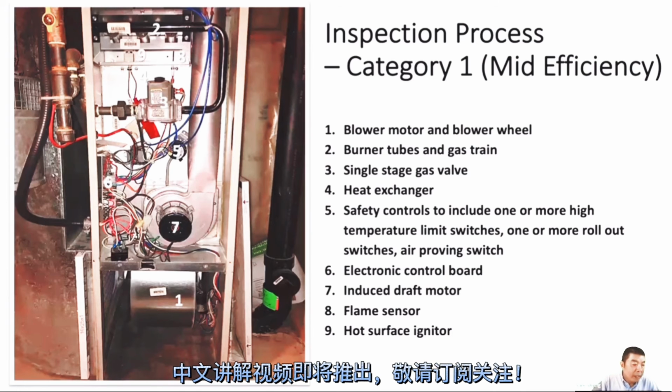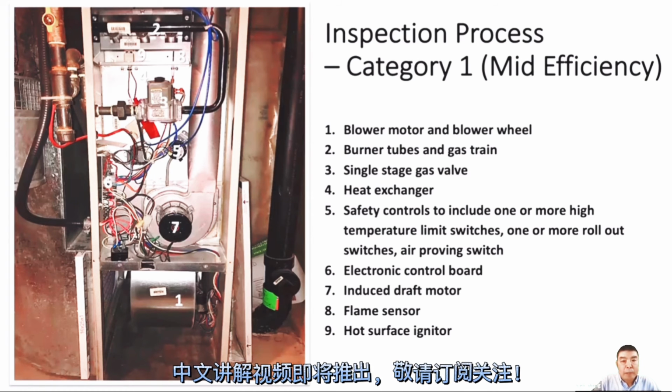The last big distinction between the category 1 and the mid efficiency furnace is the hot surface igniter, like this one. The hot surface igniter is in fact a safe way to light the furnace. Before, it was a standing pilot that always kept a small light on.